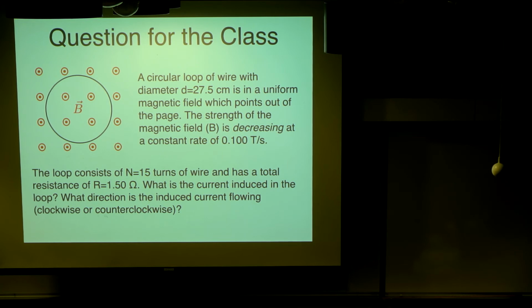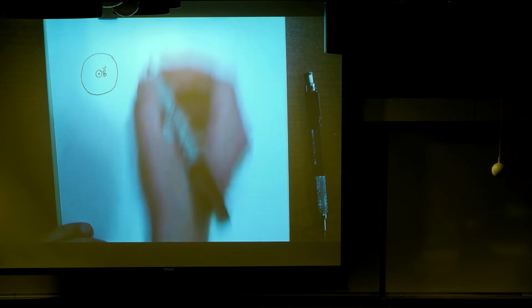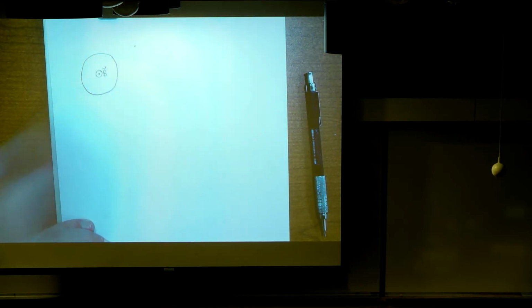That's not quite as straightforward, right? So let's go through it. Anyone have an answer? I think I saw some of you got something. What's that? 5.94 times 10 to the negative 2. Yeah, you got it. So 5.94 times 10 to the negative 2 amps is what you'll see here. So let's go through it step by step. We always start if we're going to apply Faraday's law.